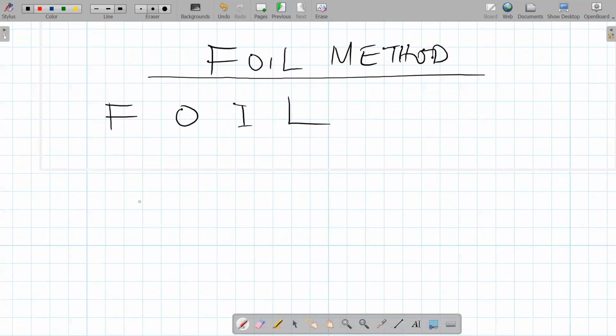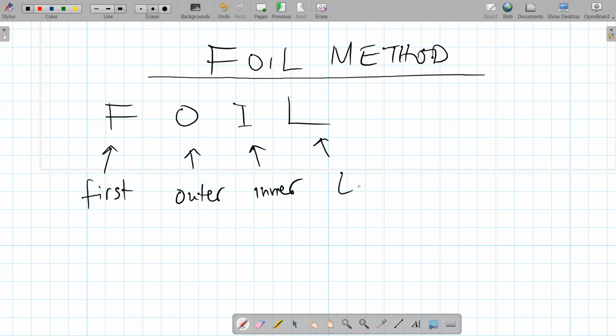FOIL is just coming from this one here, says the first. This one here is just the outer. This one here is the inner. And the L there stands for the last.